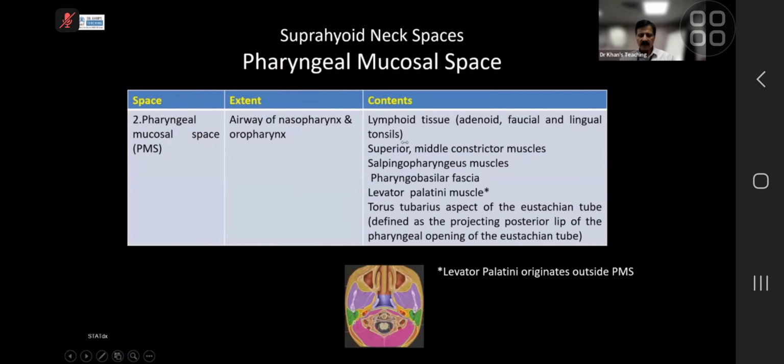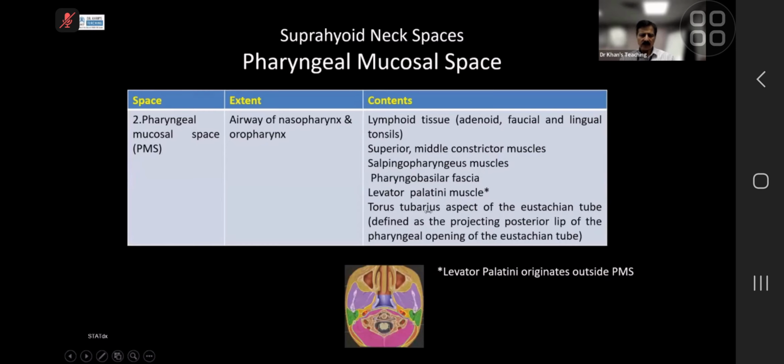Then there are muscles there. As radiologists, we are not much bothered about them. We don't see them very well because they are very thin. Superior and middle constrictor muscles, and other muscles. There is the pharyngobasilar fascia, etc. This is the levator palatini muscle.